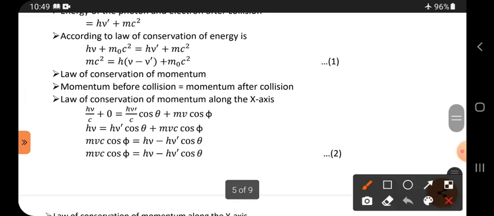We can say it like this also. From this, bring h nu dash to this side. Then what happens?